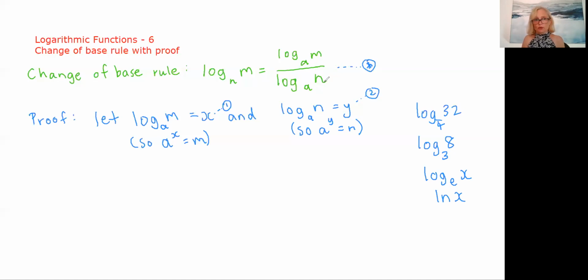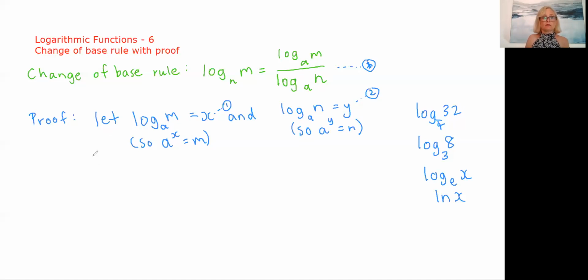Let's do a quick proof. I'm going to let log of m to base a be x, and let log of n to base a be y. So of course the index version of these are that a to the x is m and a to the y is n.